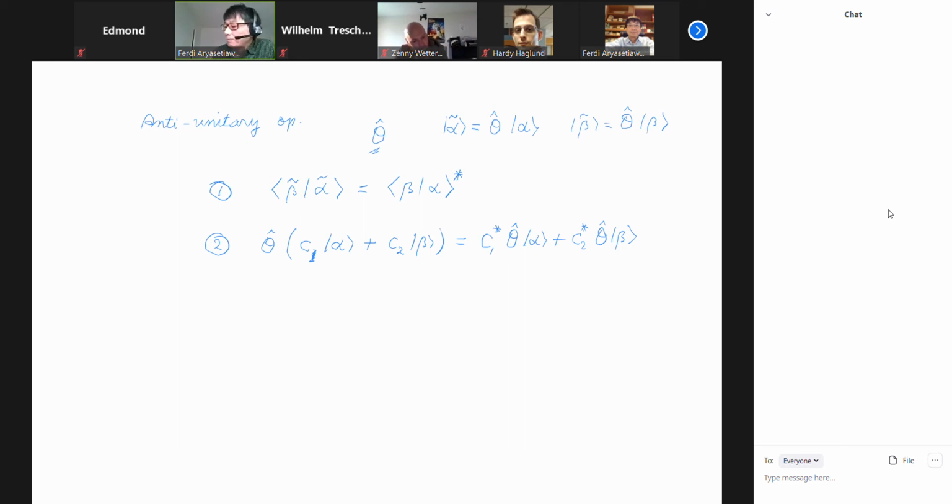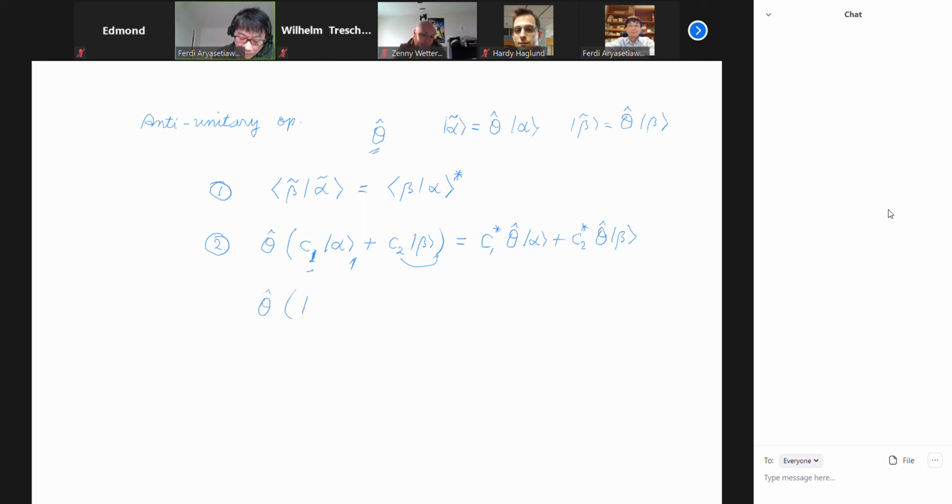So this is the definition of an anti-unitary operator. And it doesn't matter whether we put the c1 here, here, or here. It will change the complex number. Let's do this explicitly.